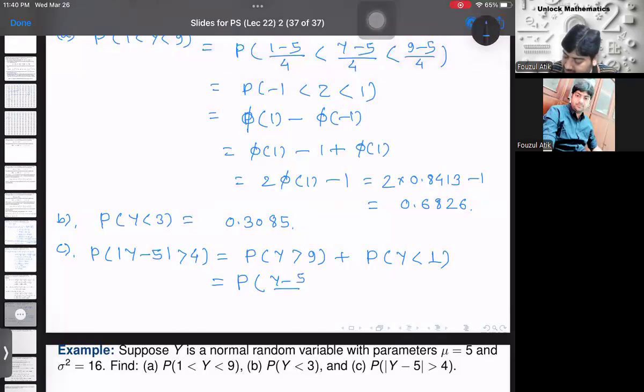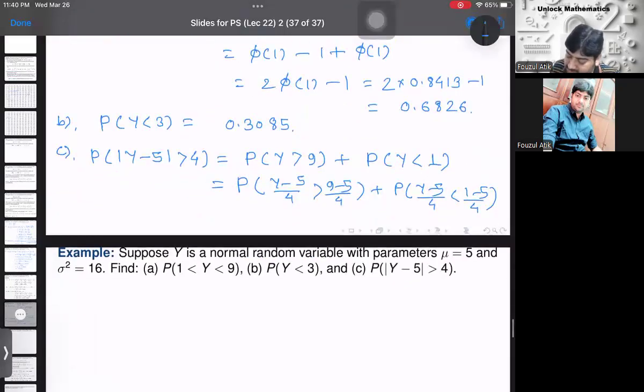P of (y minus 5)/4 greater than (9 minus 5)/4, plus P of (y minus 5)/4 less than (1 minus 5)/4. And this is equal to P of z greater than 1 plus P of z less than minus 1.